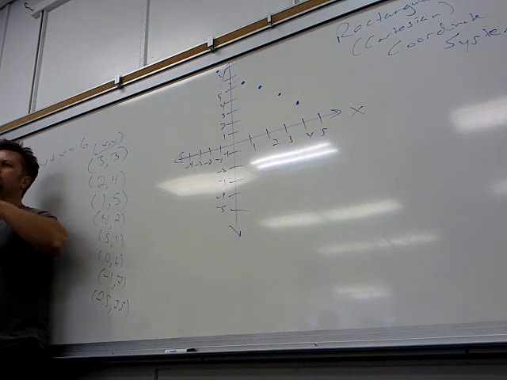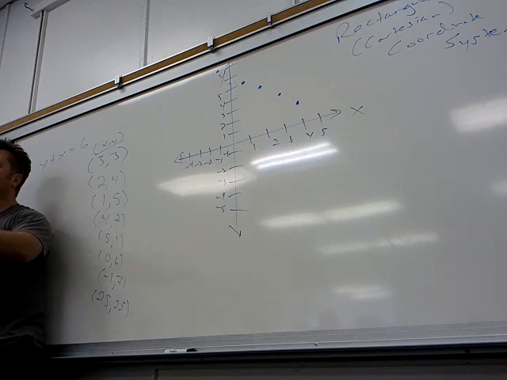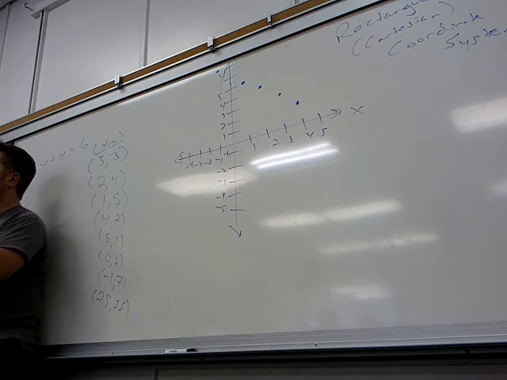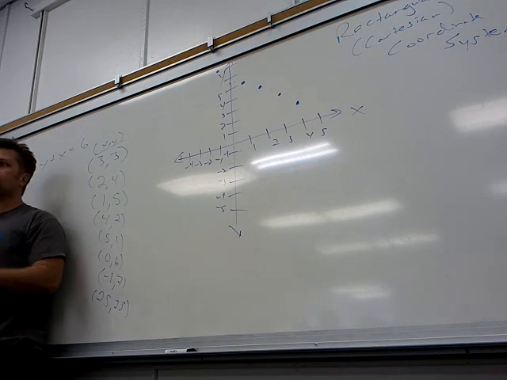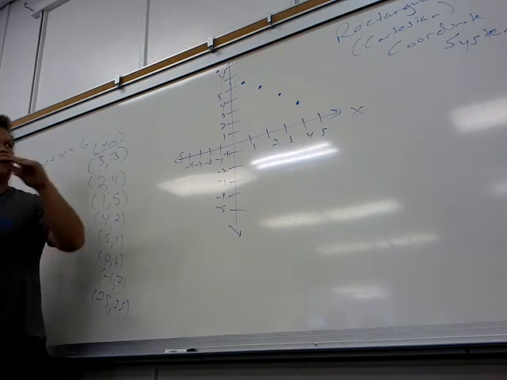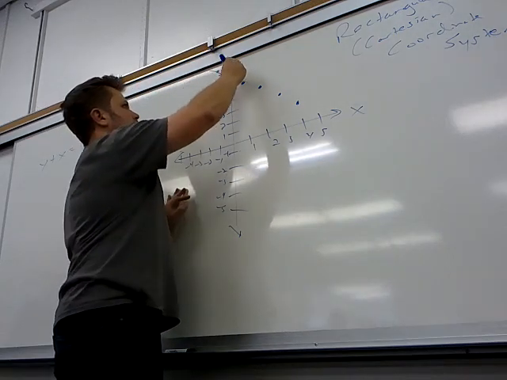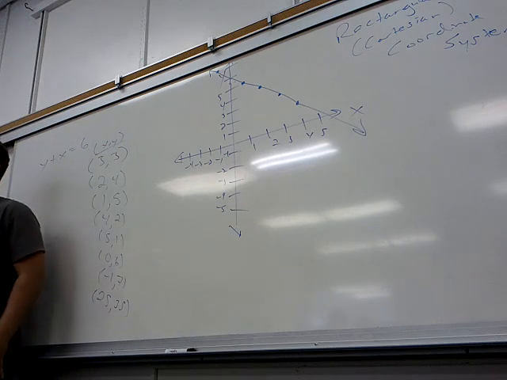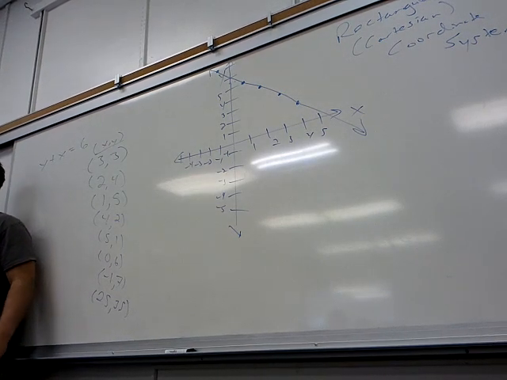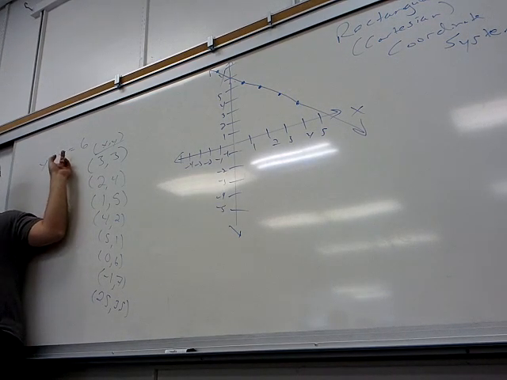But I desperately want to get you guys to understand why this is so important: to be able to graph, to understand what it is you just graphed, and what graphs tell you. So here's the cool thing. Here's the connection finally. If I draw this line, pretend it's straight, I have answered the question. What are the answers to this?